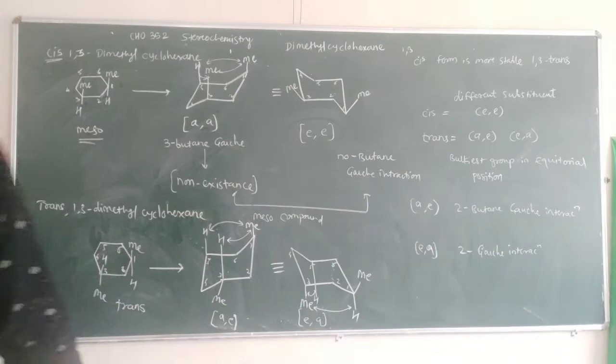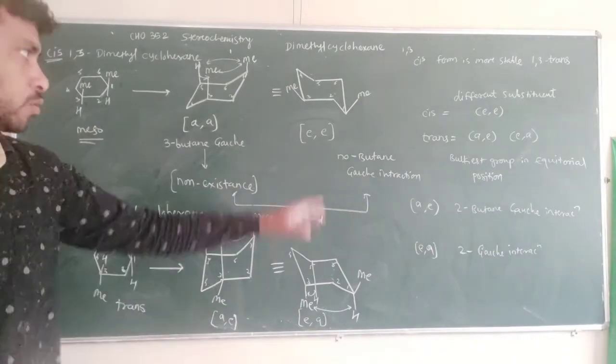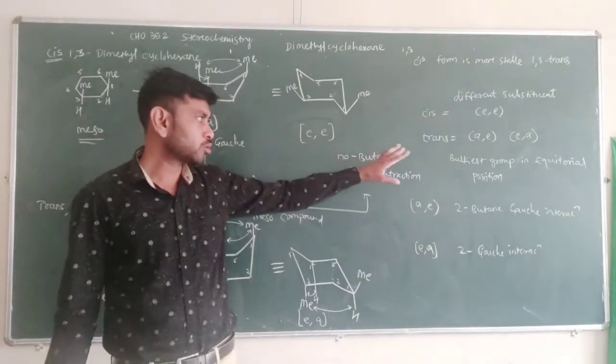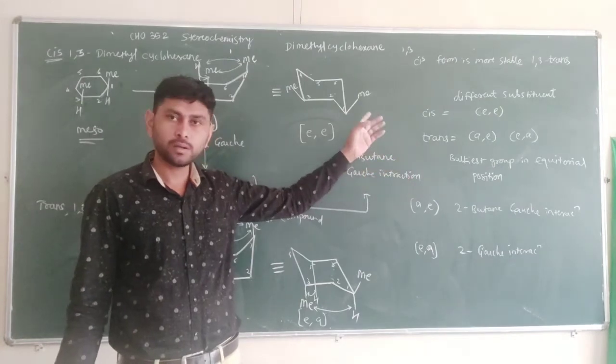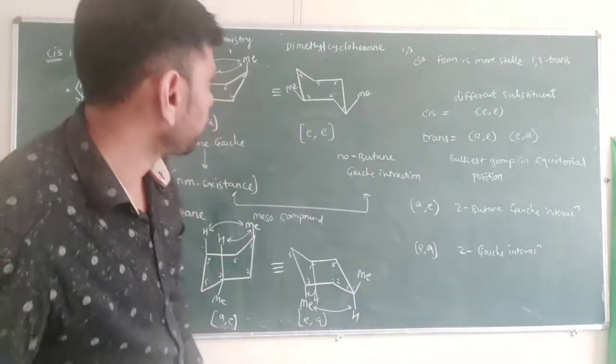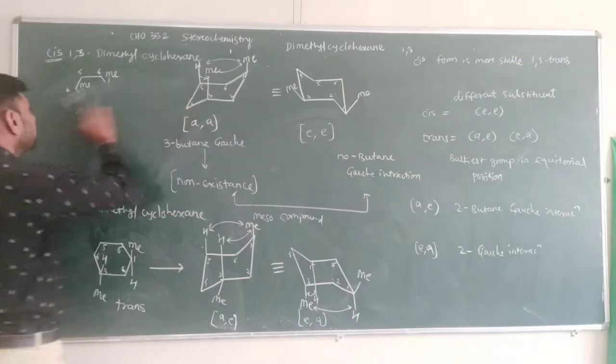The bulkiest group always favors the equatorial position. So here the trans isomer contains the bulkiest group in the equatorial position, and that structure is favored. So this is about 1,3-dimethyl cyclohexane.